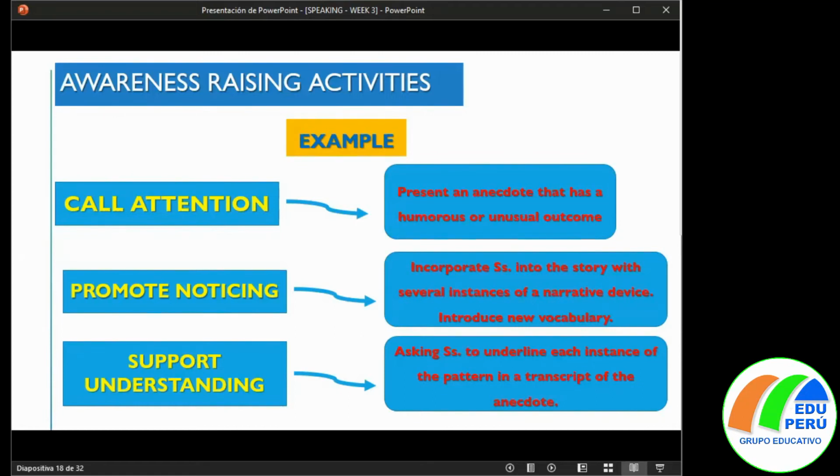Then you promote their noticing, they need to recognize this new vocabulary, new structures, new patterns. And finally, they identify. They identify by underlining, as in this example, by underlining every instance of the patterns in a transcript of the anecdote.